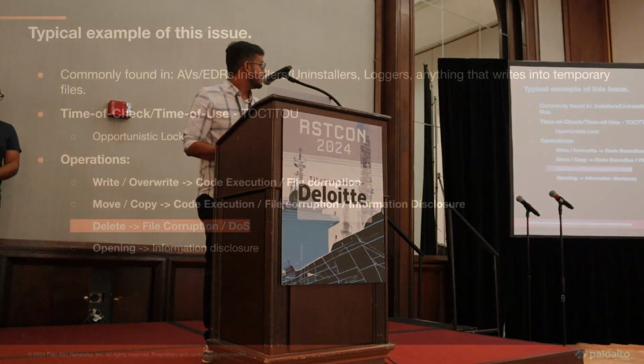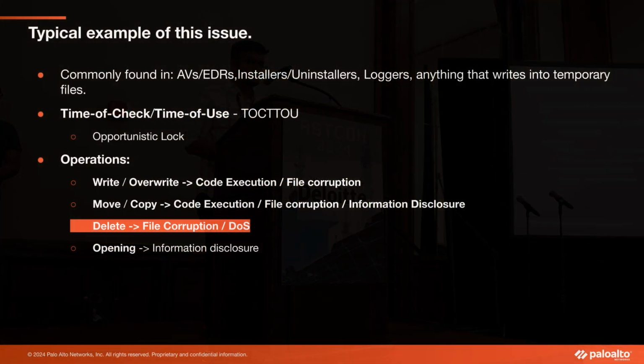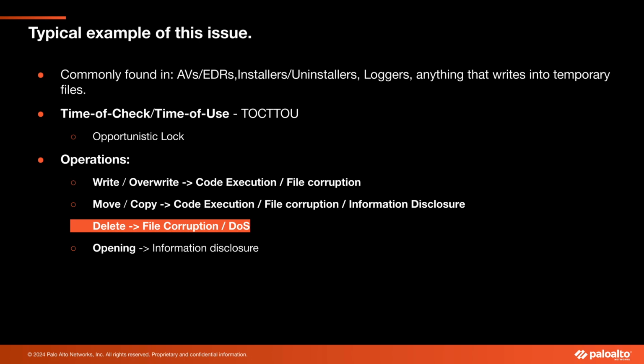So these are typical examples of these issues. They are commonly found in installers, uninstallers, and a lot of antivirus, where they need to access something less privileged. In the example of antivirus, they need to scan some file, which could be of less privileges.